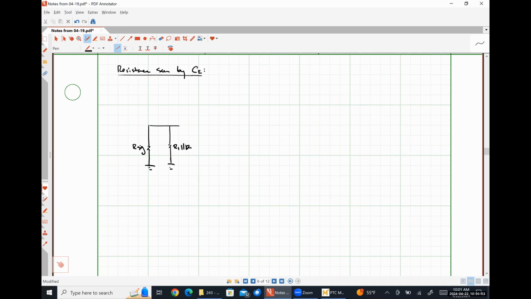R1 in parallel with R2. Here's RE. Here's RC in parallel with RL. And this is the resistance that we're looking for.